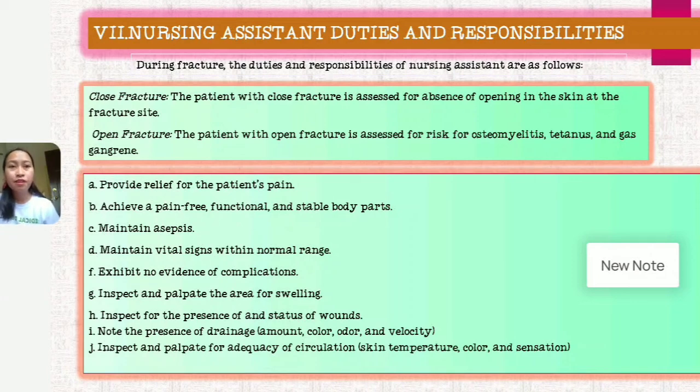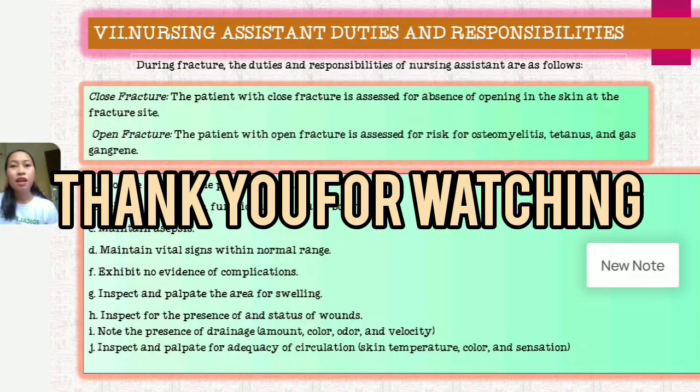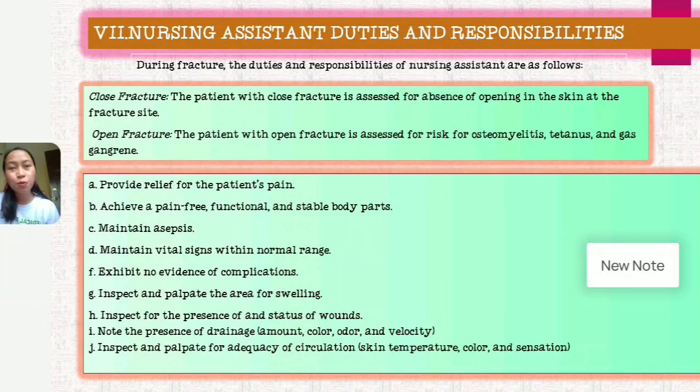Inspect and palpate the area for swelling. As a nursing assistant, we should always wear gloves before inspecting and palpating the area for swelling. By wearing gloves, we can protect ourselves and also protect our patient. So for the fracture, we can tell that the wounds are swelling by palpating. Inspect for the presence and the status of wounds.